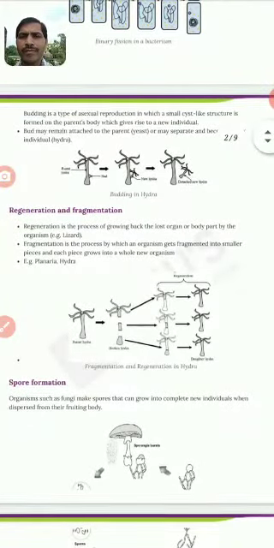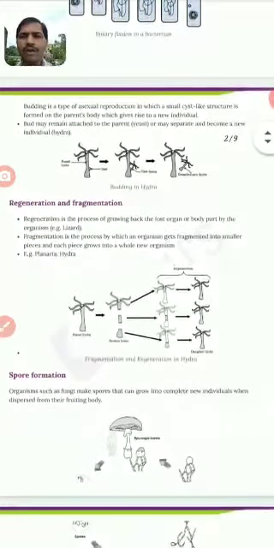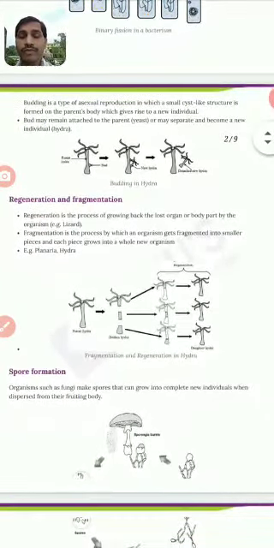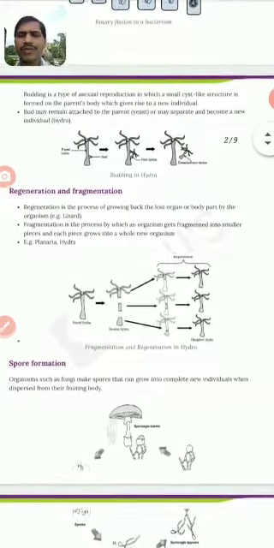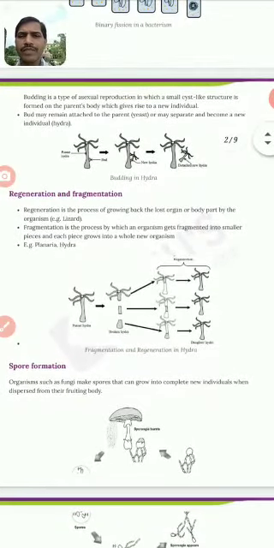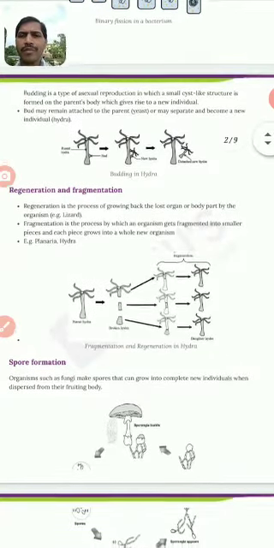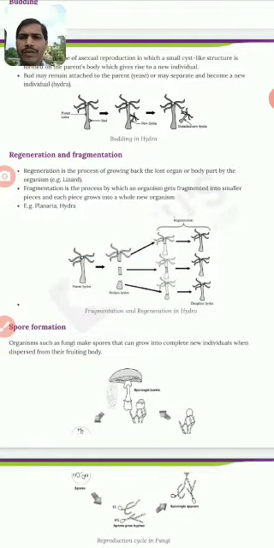Next one is regeneration and fragmentation. Regeneration is the word used for the production of new individuals from a part of the body, which is seen in lower animals, whereas in fragmentation, plants are capable of producing new individuals, as well as animals too.